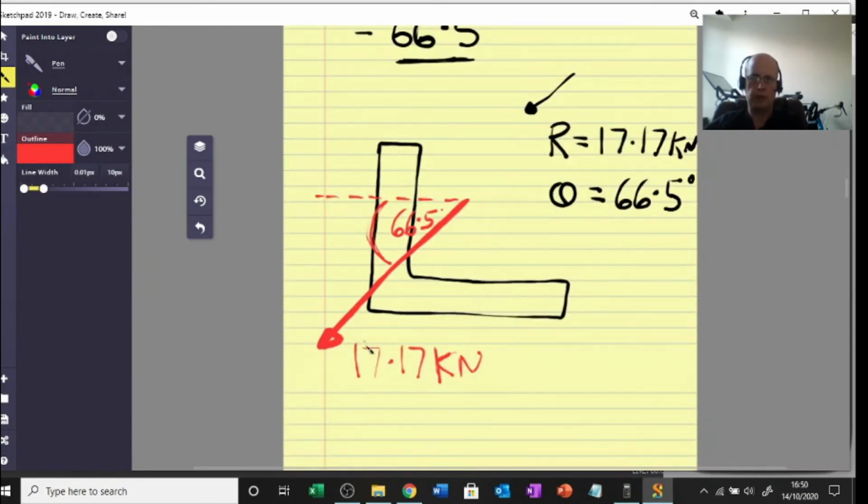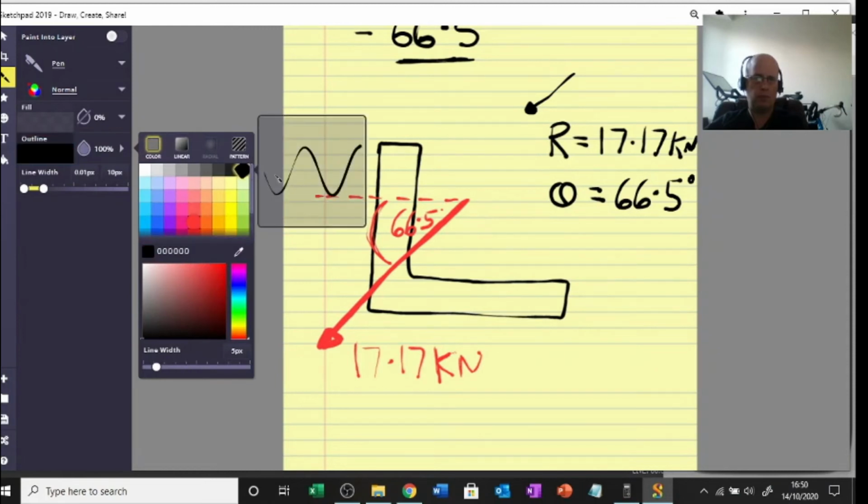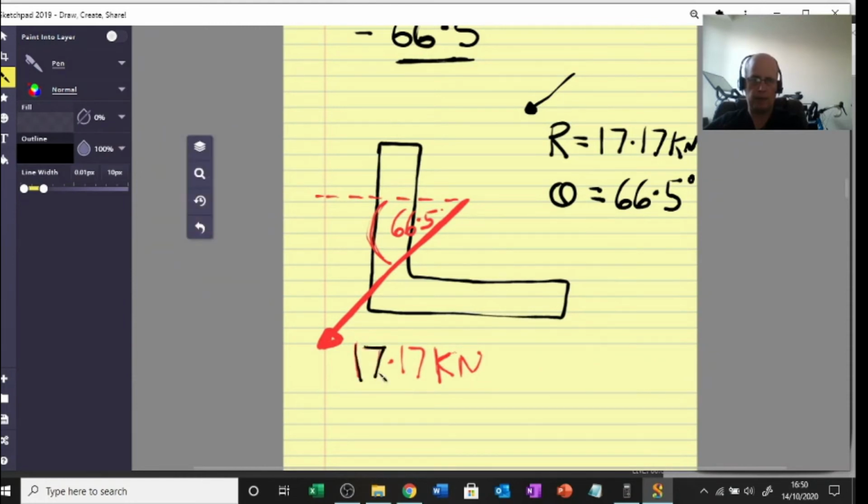So that's the resultant force. The direction is coming down, something like that, and the angle from the horizontal is 66.5. There we are. That's it.